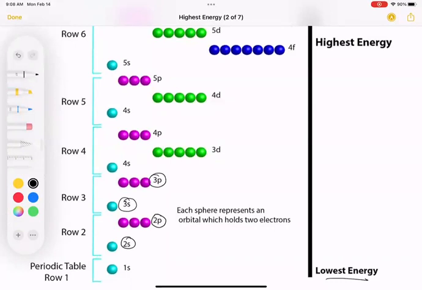And this is where it gets interesting, because you would think, okay, 3s, 3p, 3d, but that's not the way it goes. The 4s is actually lower in energy than the 3d. So when you have a multi-electron system, again, the L values are not at the same energy.